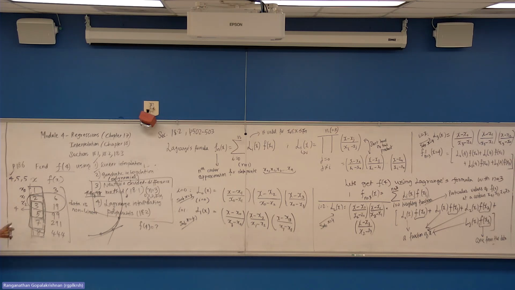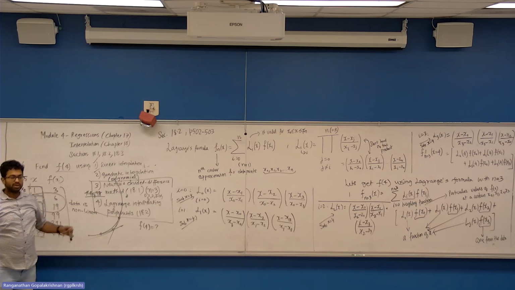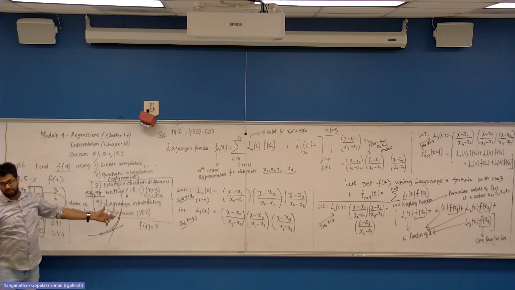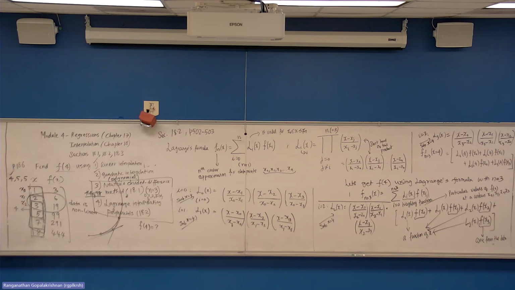I don't have a separate quiz on interpolation, but when we have exam 2, this is something that definitely will be tested. From next lecture, we are going to start module 5, which is numerical differentiation and numerical integration. It's an important topic. It sets you up for so many practical applications. So hopefully we'll have a good time.